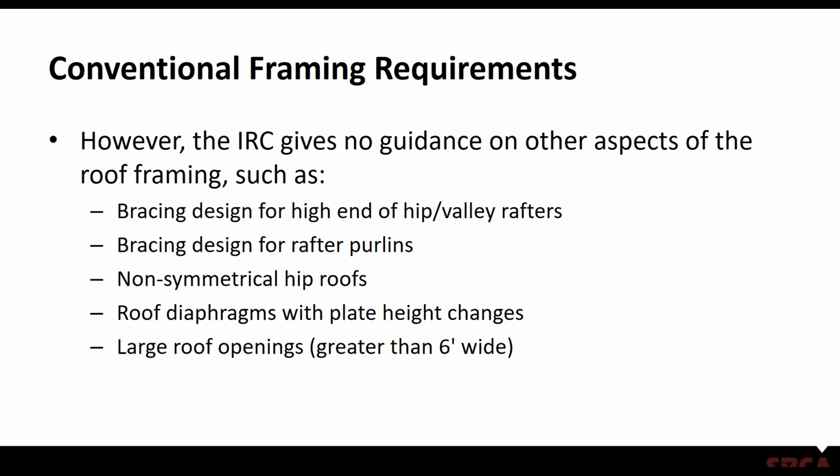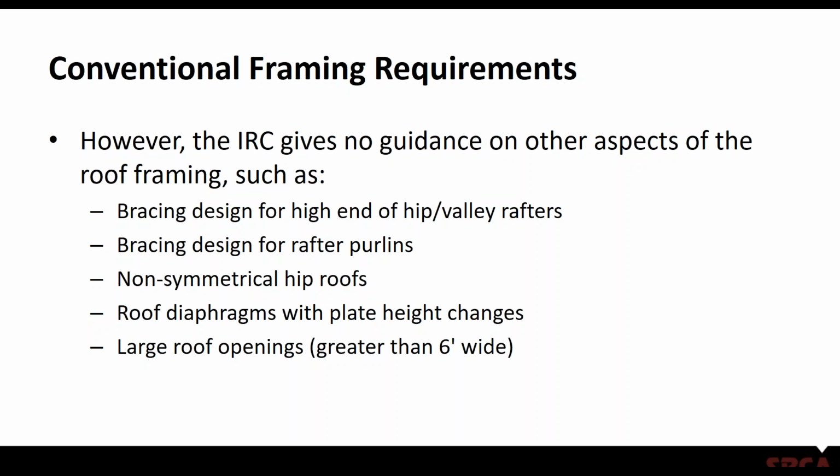Now, there are many areas in the code that really aren't discussed very well. There's not a lot of good information provided. There's no guidance. Some of these are bracing design for the high end of hip or valley rafters, and bracing design for rafter purlins.